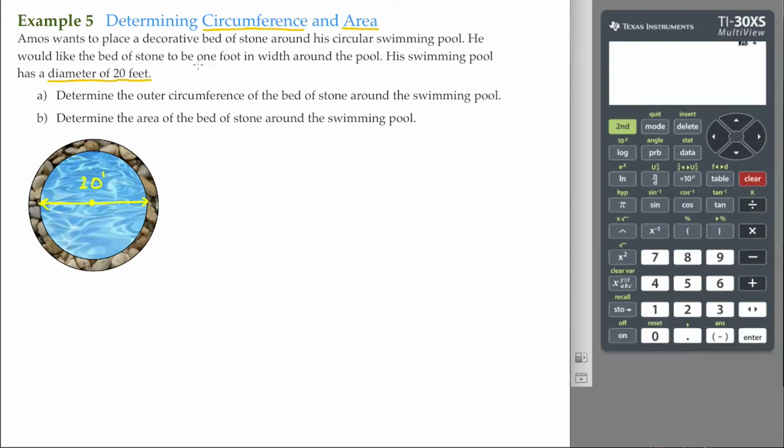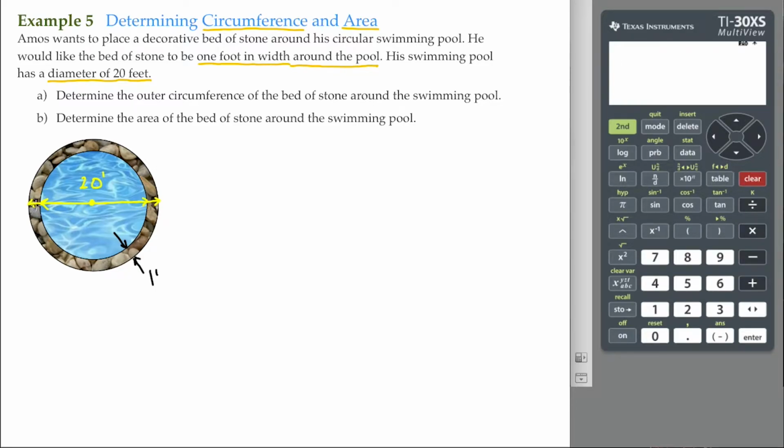Also, it says there is a bed of stone 1 foot in width around the pool. So that's around here. So we're talking about a width right here. That's a 1 foot width. So then the diameter from the outside edge of the bed of stone to the other outside edge of the bed of stone would probably look something like this.